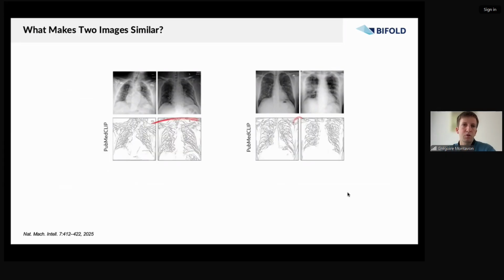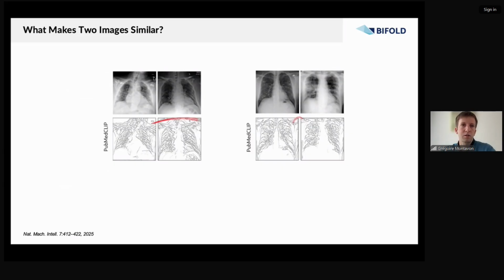And we found something which was not exactly what we expected, which is that there are basically some connections that are made not between parts of the chest, which would correspond to specific pathology or to what kind of disease is present there.